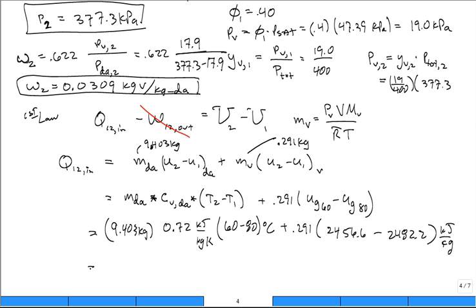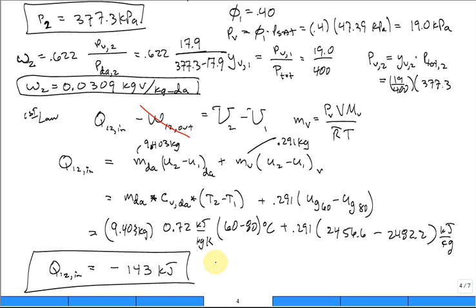When you finally compute this, what we have is negative 143 kilojoules, 1 to 2. So that takes it from 80 degrees C to 60 degrees C. The relative humidity at the end of the process was not 100%. The relative humidity was right at 90%. So it's getting close to being saturated.